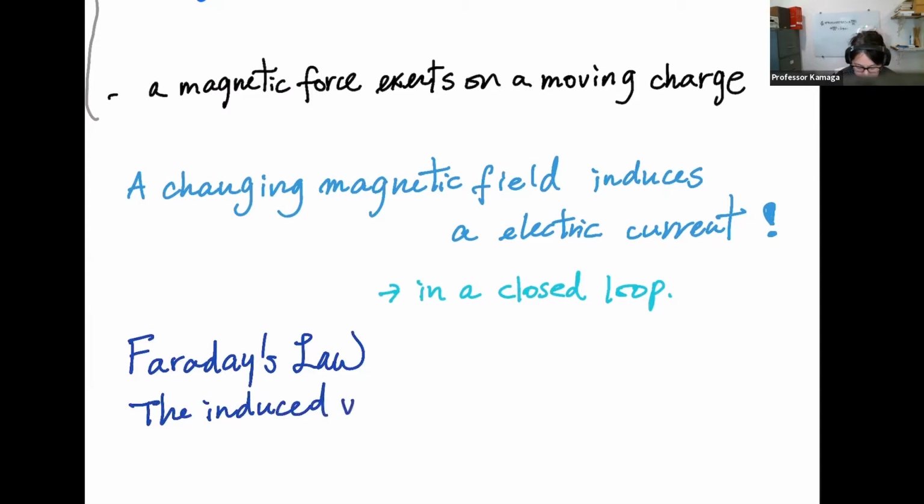It's actually better to use the voltage because current depends on the resistance, so it depends on the material. But induced voltage depends on how much change in the magnetic field and also the number of turns and the area.